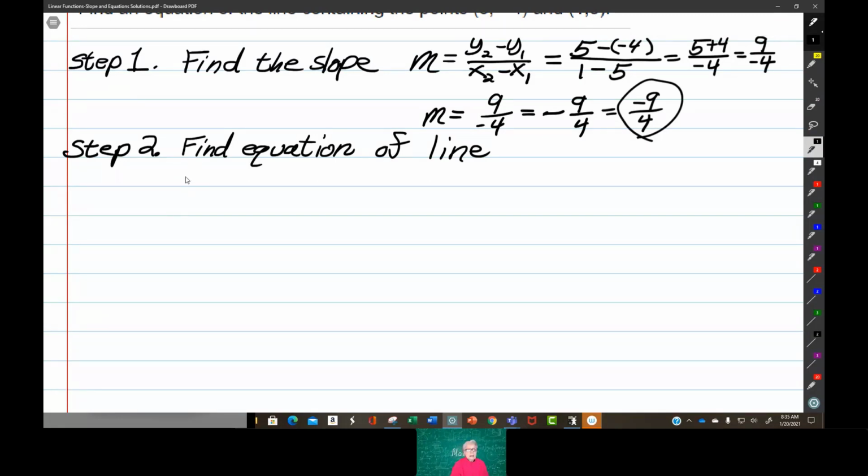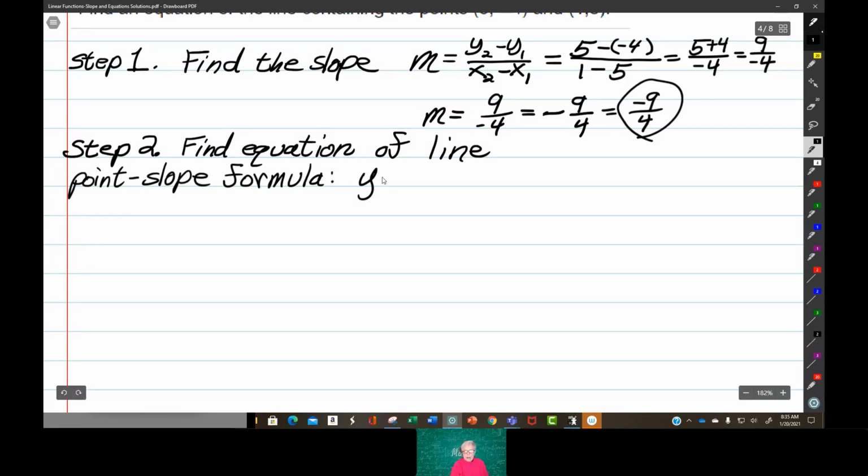Okay, here is the point slope formula. y minus y1 equals m times x minus x1.